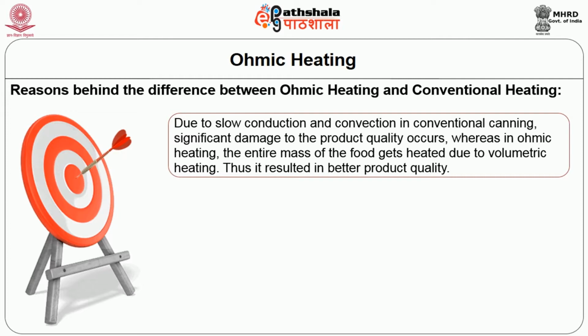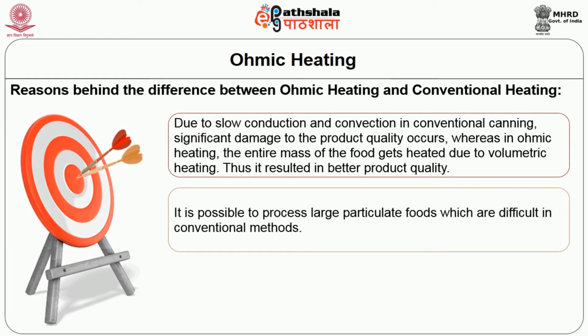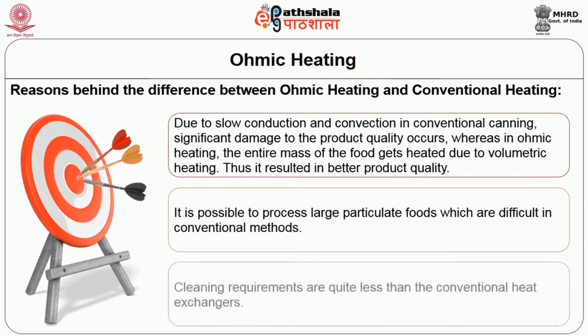Thus, it results in better product quality. And also, it is possible to process large particulate foods which is difficult in conventional methods. Cleaning requirements are quite less than the conventional heat exchangers. So, now you have an idea of what ohmic heating is about, right?